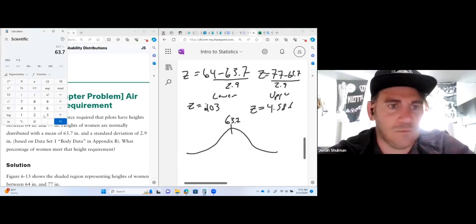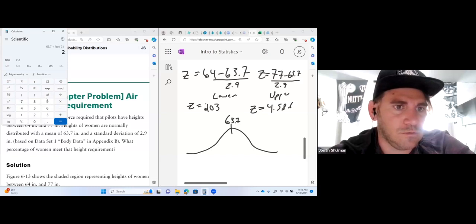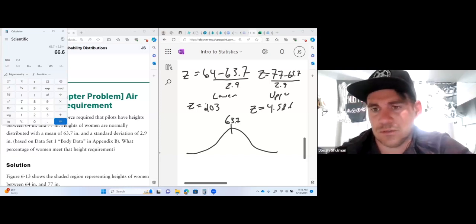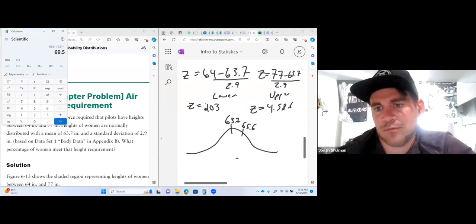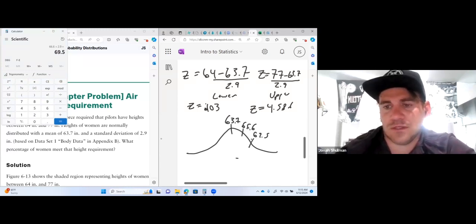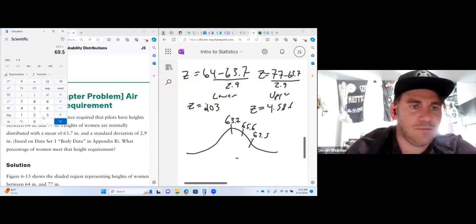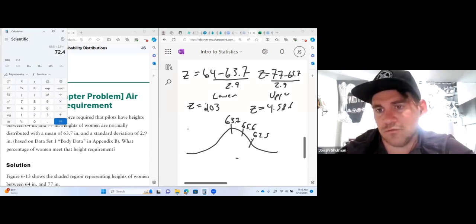That's okay, you don't have to round. 66.6, 69.5, and then the third standard deviation away is 72.4.